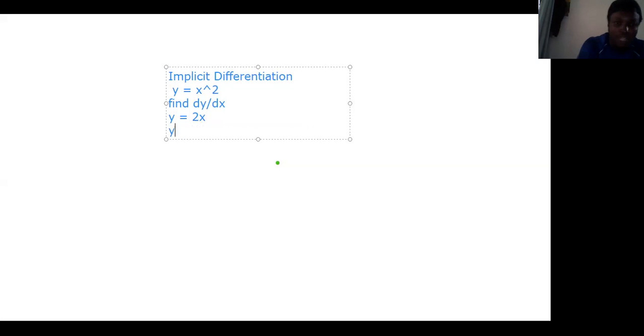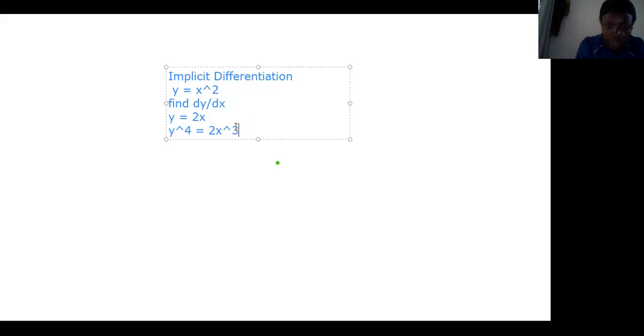Now, for instance, if you are given y raised to the power 4 is equal to 2x raised to the power 3, when I give you something like this, it means there's something to do with the y. We also have to differentiate the y.